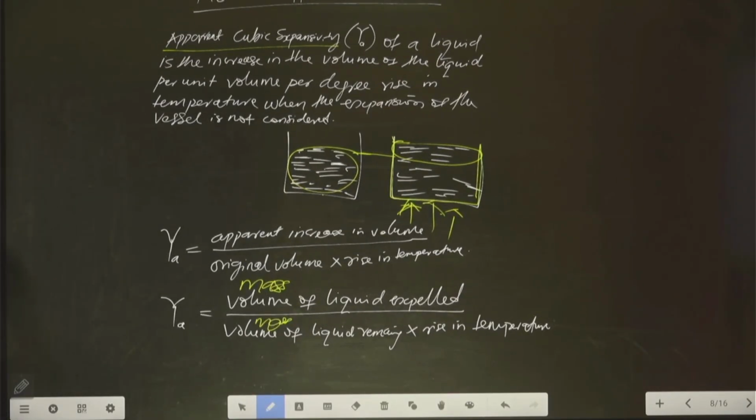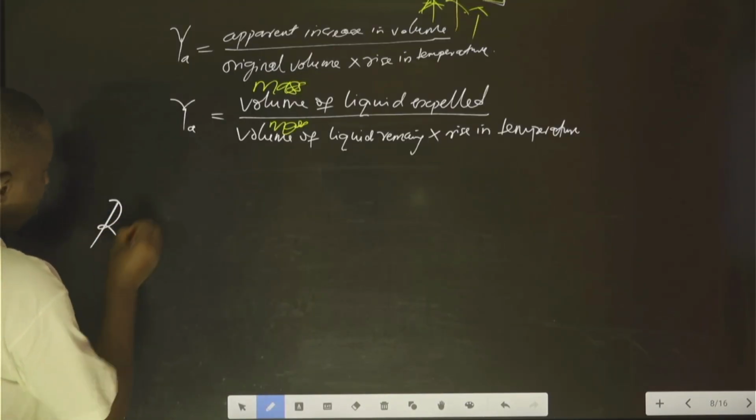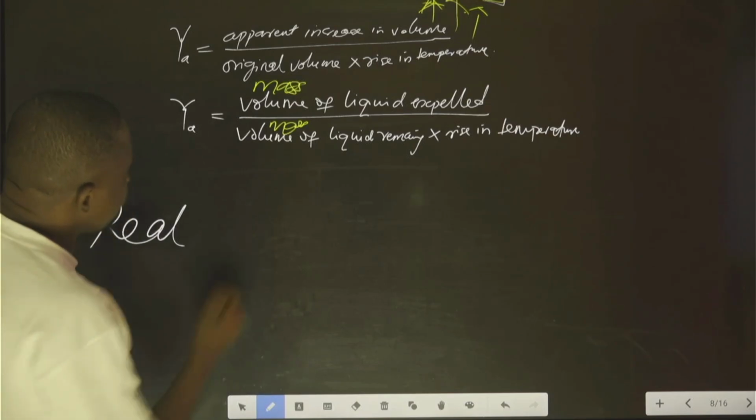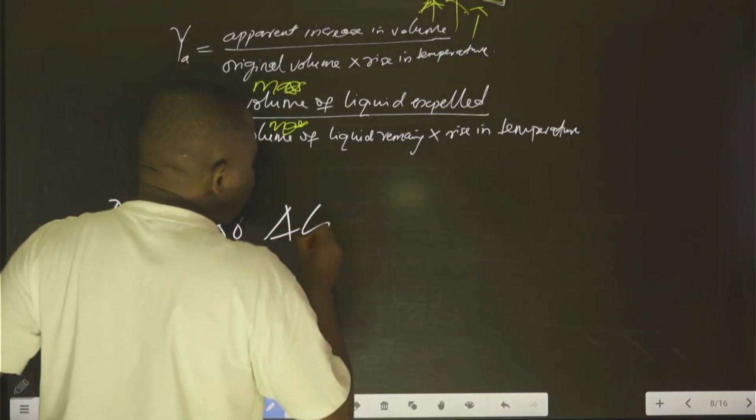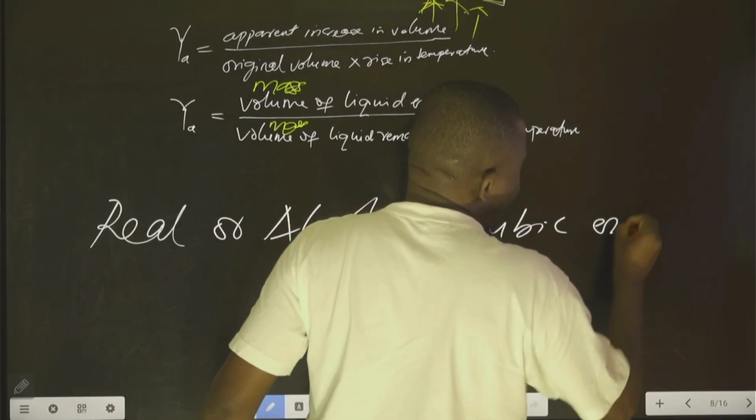cubic expansivity. So what about the real, which you can also call absolute cubic expansivity?